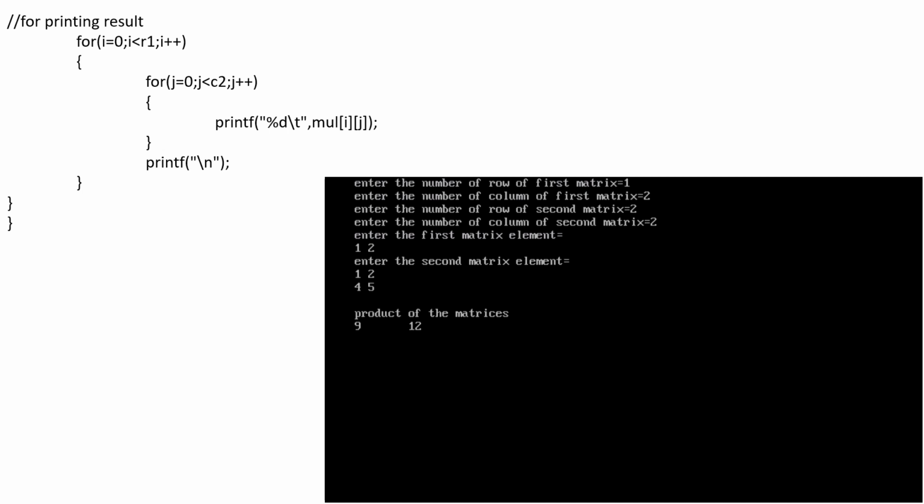Also, the product matrix is printed in the output. That's all about matrix multiplication.